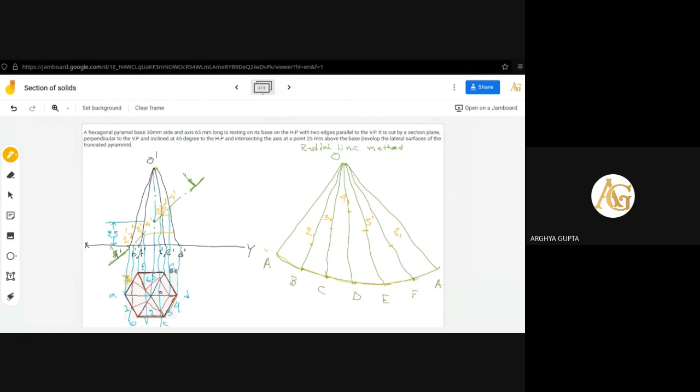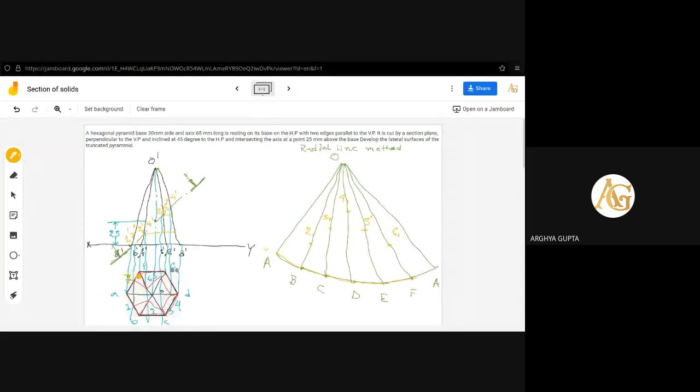So 1 and 7 points will be on AB and AF respectively. 1 point is on AB and 7 point is on AF. But this length you cannot project on the slant edge because it is on the baseline. So points 1 and 7 will have to be found in the top view only.